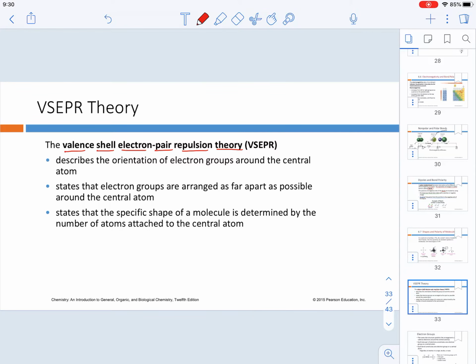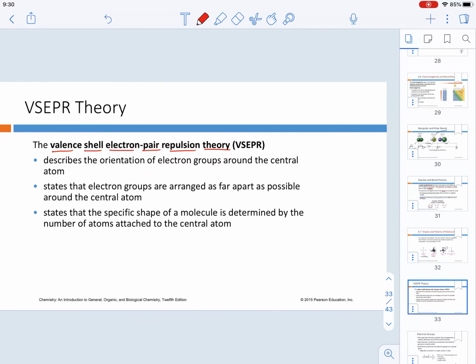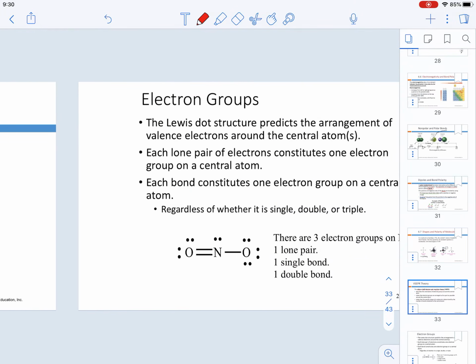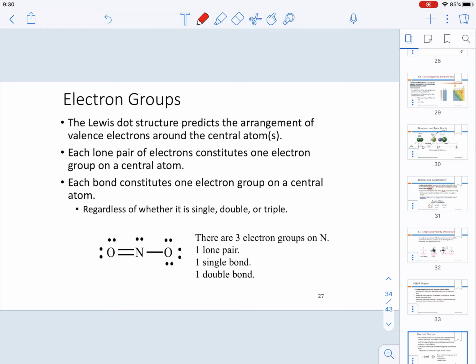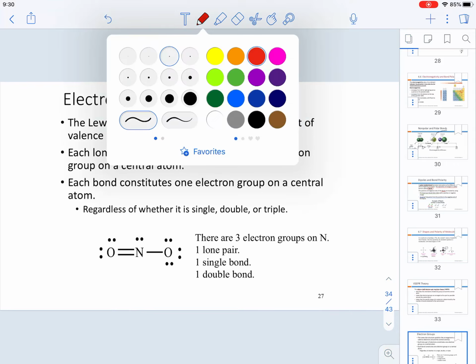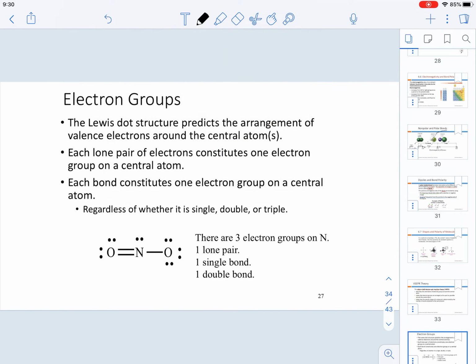So basically it explains how these geometric structures for covalent compounds arise. In order for us to understand VSEPR theory, we need to understand what an electron group is. Remember that electron groups are defined as what is surrounding our central atom in a Lewis structure. So when it comes to electron groups, there are four different things that can constitute an electron group.